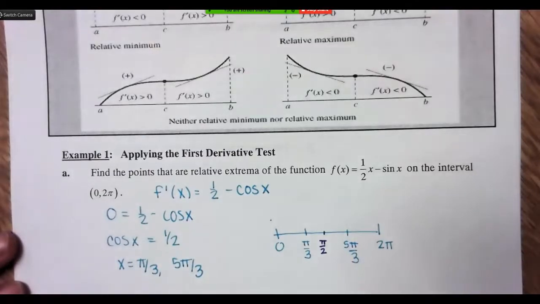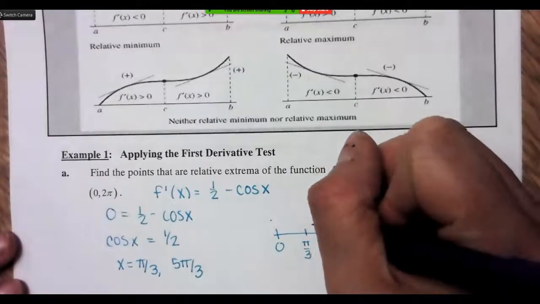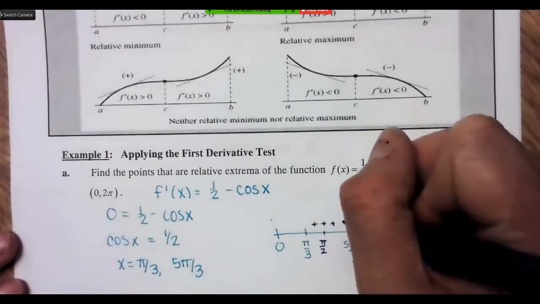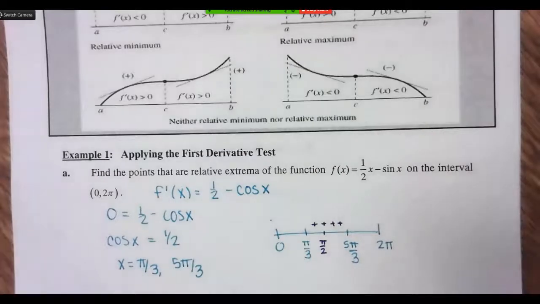So the cosine at pi halves is 0. Then you have 1/2 minus 0, which is 1/2, which tells me that we are positive between pi thirds and 5 pi thirds.